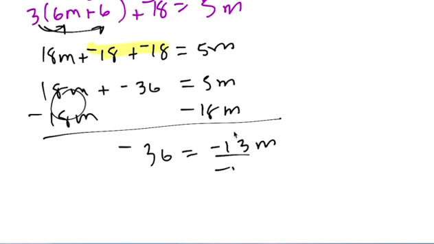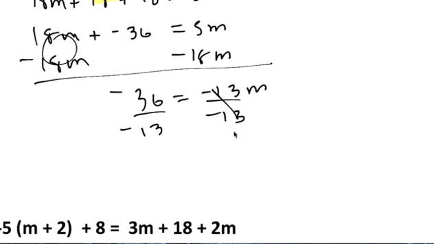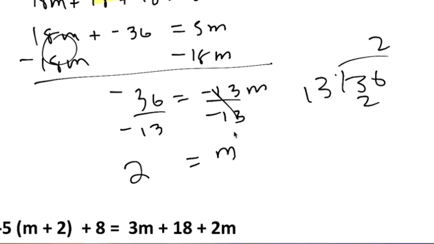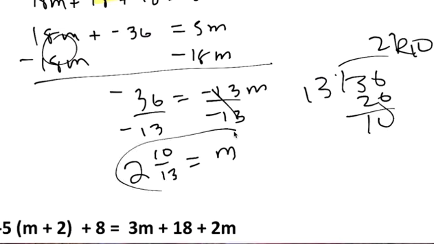Divide by -13. M equals positive, 2 negatives, so positive 2 (10/13). One solution.